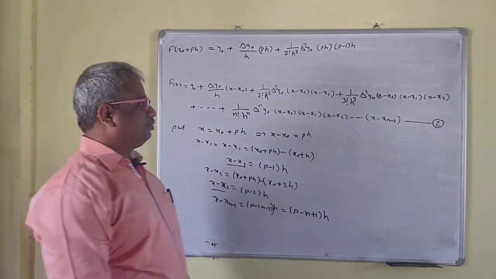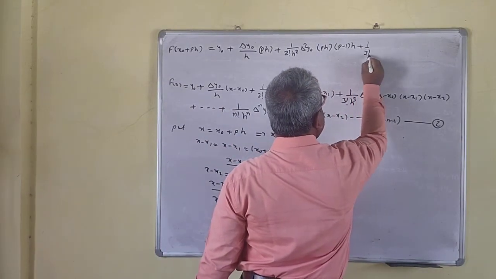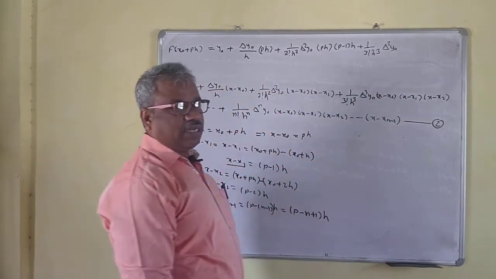times h. Plus 1 upon 3 factorial h cube del cube y0. I have just calculated this.